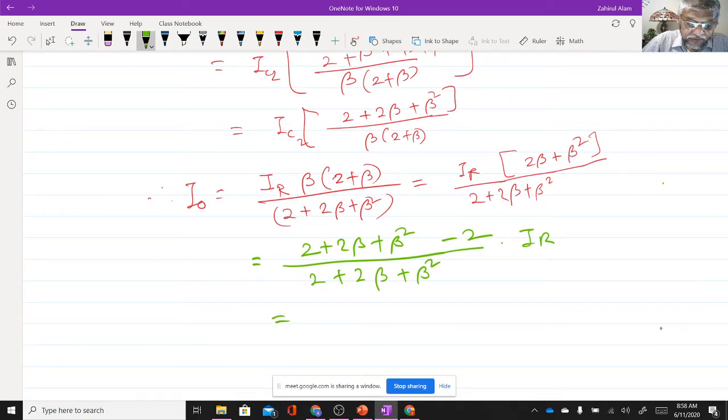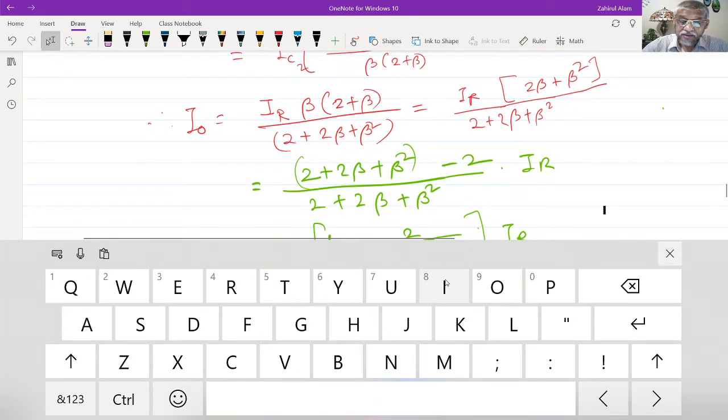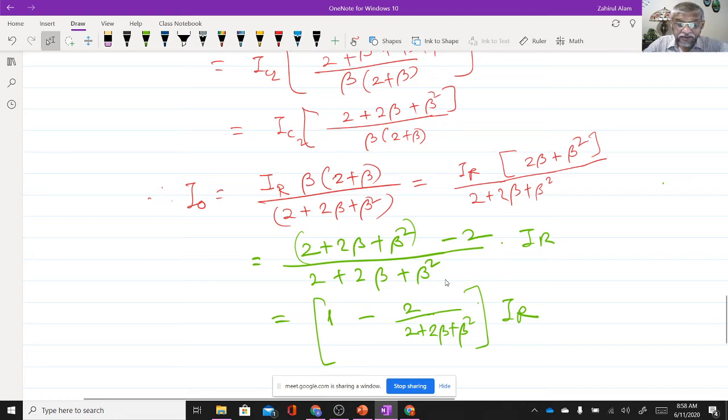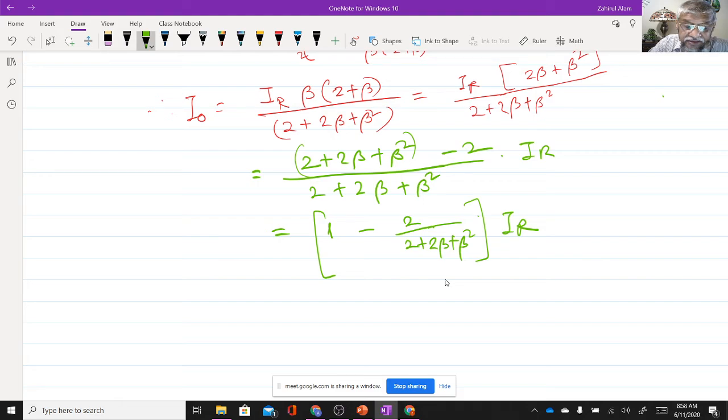So then it becomes 1 minus 2 over (2 plus 2 beta plus beta square). So now this is the relation between reference current and output current. Now if we look at this equation, this is very large, so we can mention this is equal to IR. The derivation is a little bit lengthy.